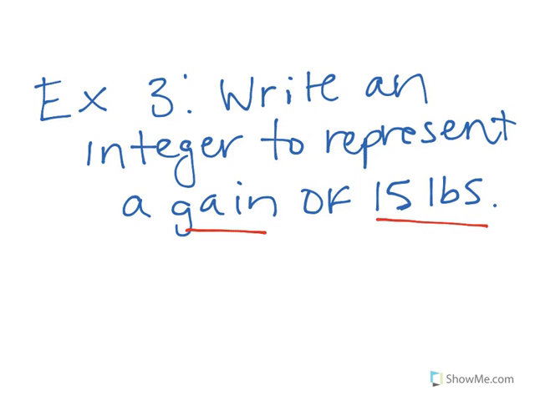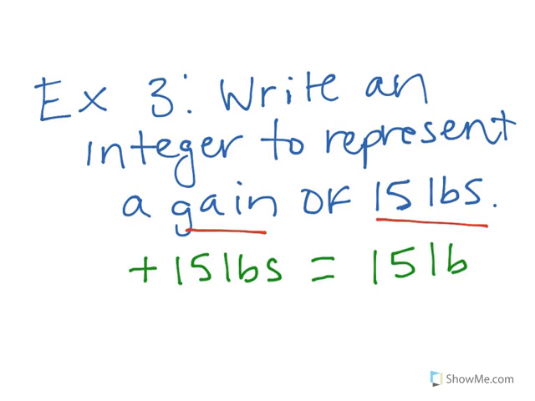I'm gaining, so that's positive 15 pounds. Or I can just write that as 15 pounds because that positive sign is not necessary. I can just rewrite the integer as itself, 15 pounds, or you're welcome to put this plus sign in front, whatever works for you.